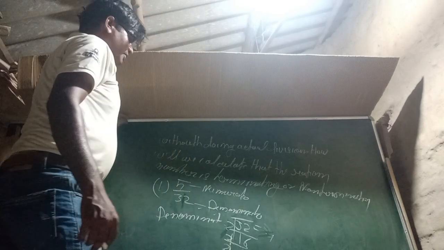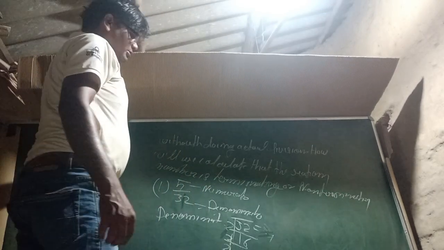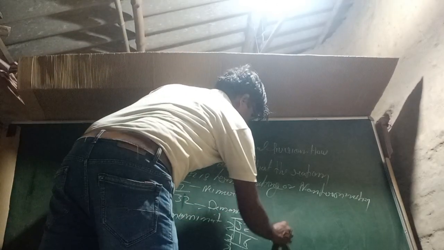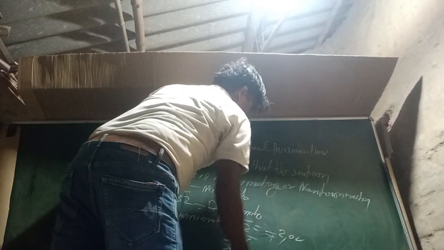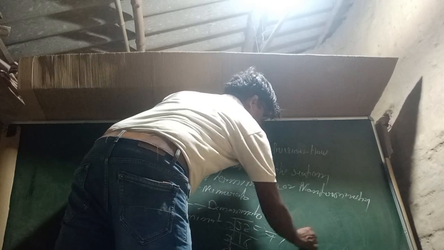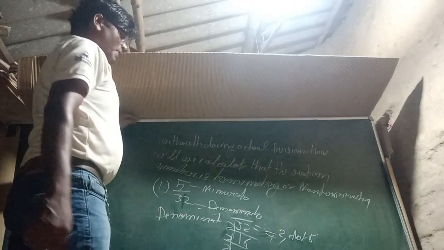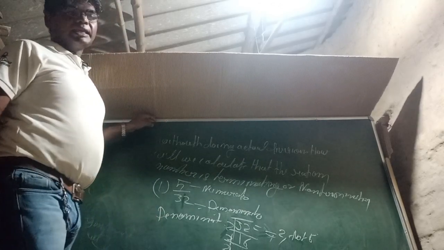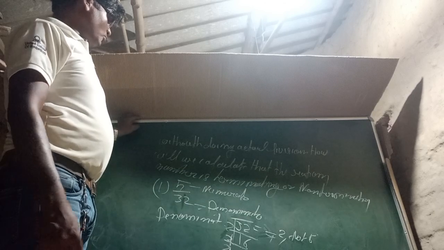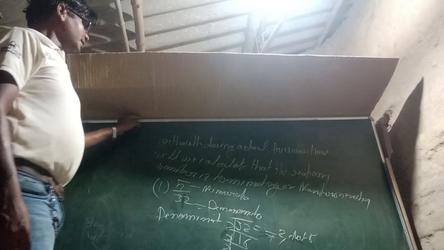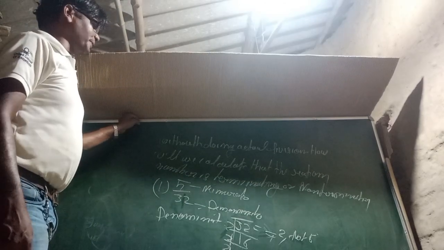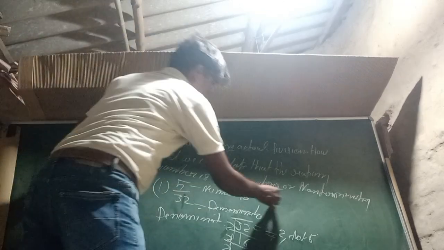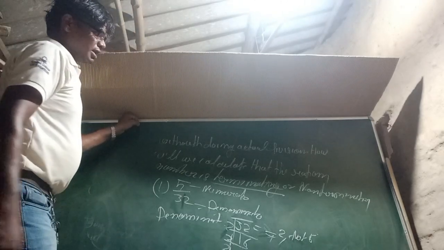This is the prime factorization of 32. It has only the prime factor 2, and no factor other than 2 and 5. So this number is a terminating decimal.